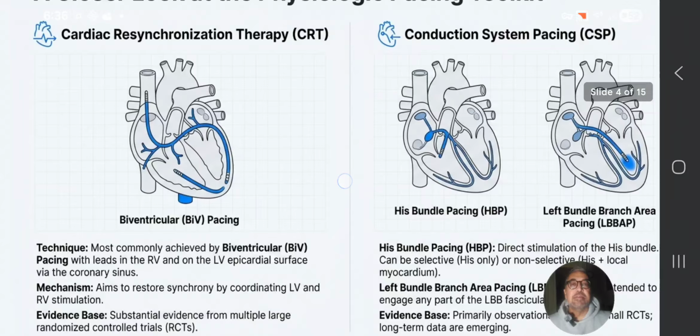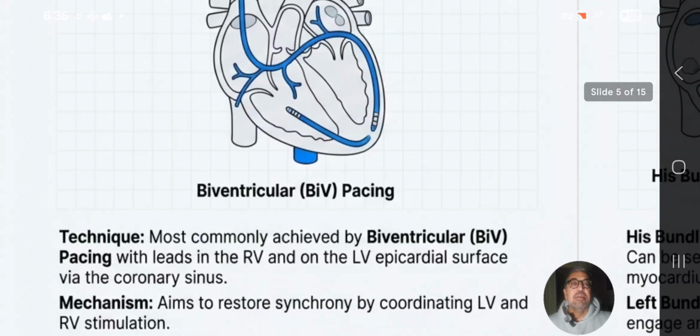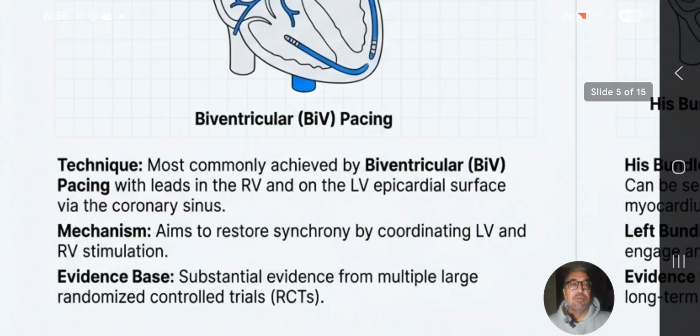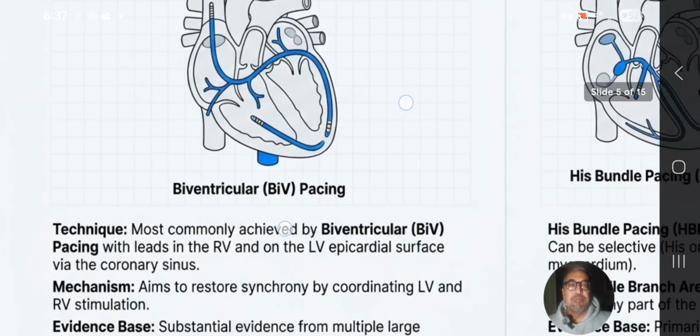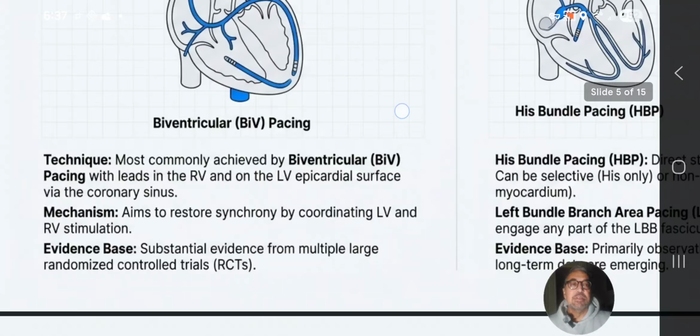So again, in cardiac resynchronization therapy, one lead is in the RV, the other lead is through the coronary sinus, anterior coronary vein, right next to the LAD in the venous system. And thus we get LV epicardial pacing and endocardial pacing on the RV side. The left ventricle is paced synchronously.